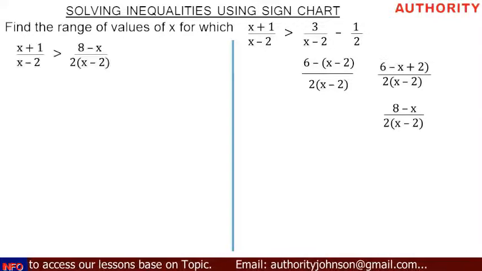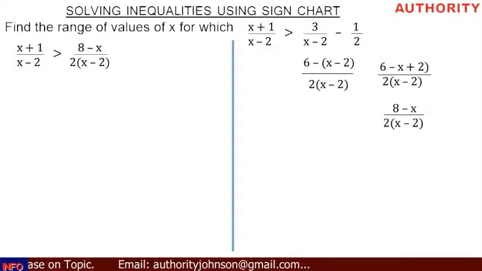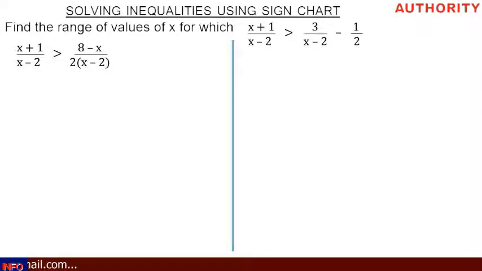Our expression now looks like this: (x + 1)/(x - 2) is greater than (8 - x)/(2(x - 2)). This is the new look of our expression, and it is the same as the original.